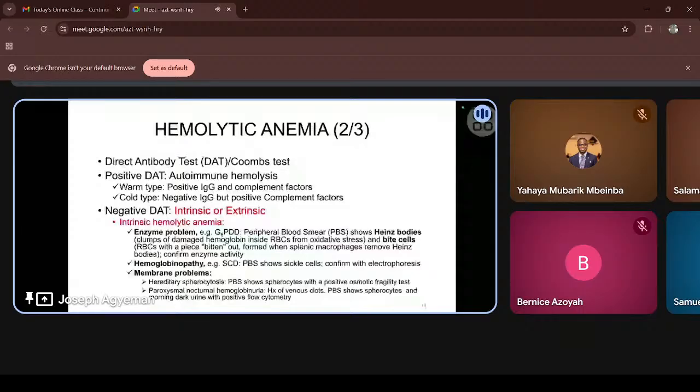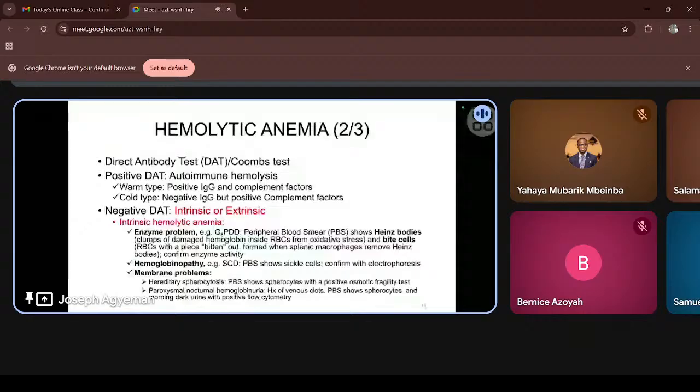Now, another intrinsic problem could be hemoglobinopathy, a problem with the hemoglobin. A typical example is sickle cell disease, where you produce some useless hemoglobin that, upon exposure to low oxygen, polymerizes and makes the whole red cell change shape to a half moon, also known as a crescent shape.